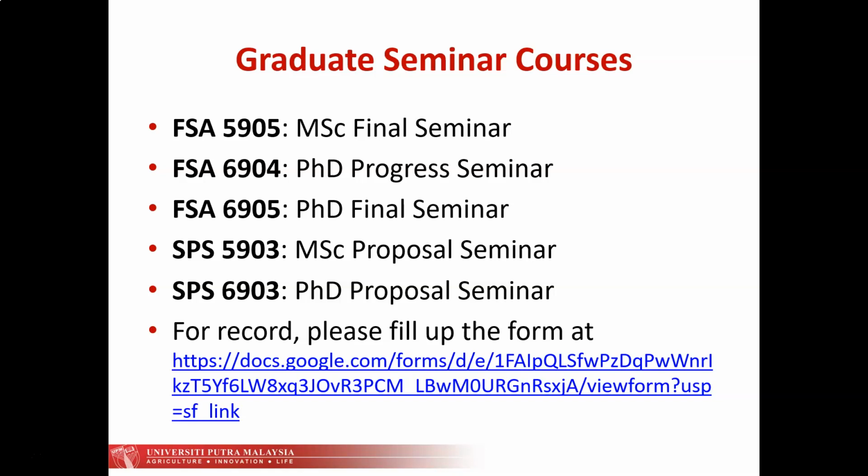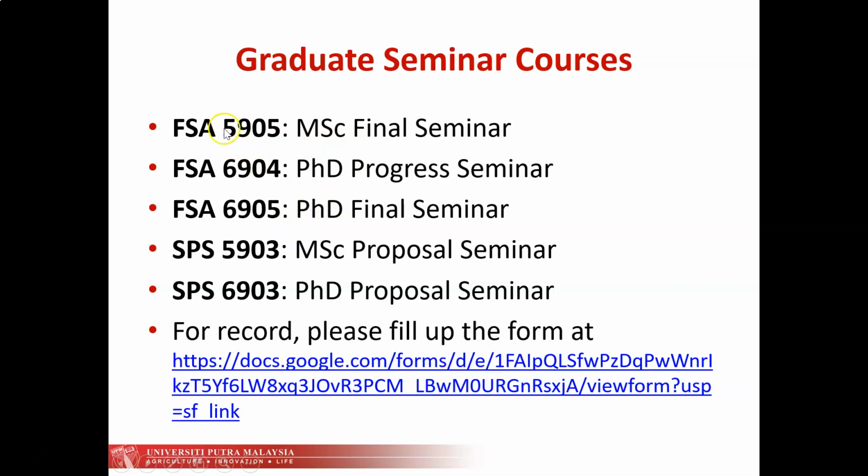There is FSA 5905, which is the Master of Science Final Seminar, and the equivalent version for the PhD. Can you see my cursor, by the way? Okay, great. So 5905 is for the masters and 6905 is for the PhD.